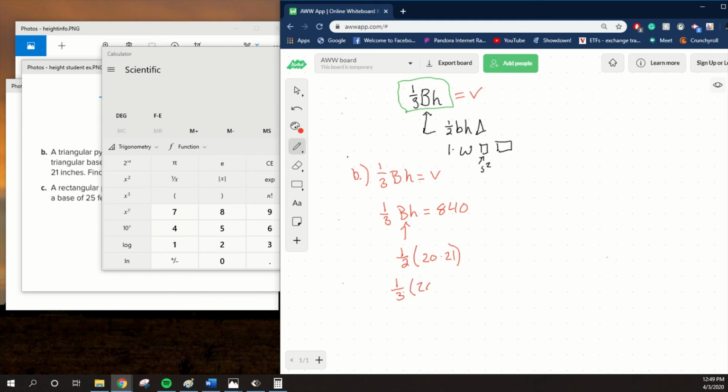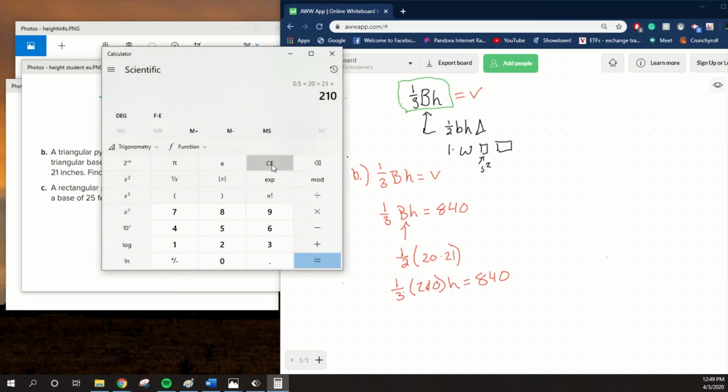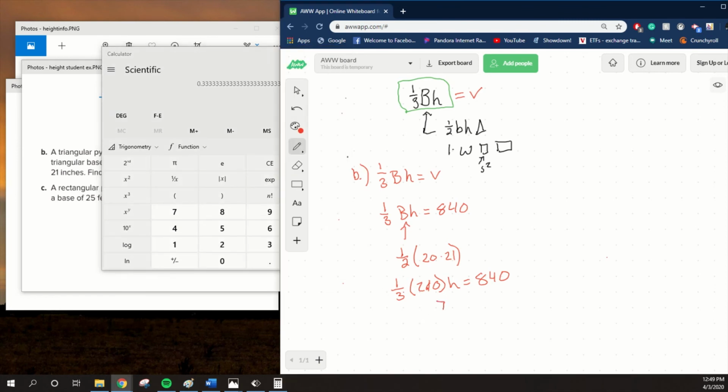So now I have 1/3 times 210 times our height is equal to 840. Well, 1/3 times 210, in case you don't know, plug it into your calculator. That's what they're here for. And you get 70. So we get 70 times the height is equal to 840.